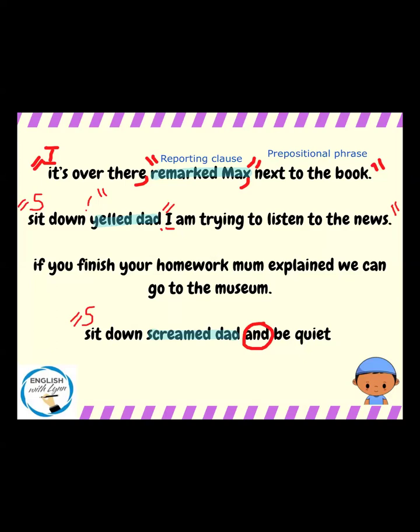What I'm going to do, I'm going to put a comma and inverted commas, and the "and" is not going to have a capital letter. So we're going to have a comma after Dad, and then we're going to have our inverted commas before "and" because he is saying it all as one sentence. So "sit down and be quiet."